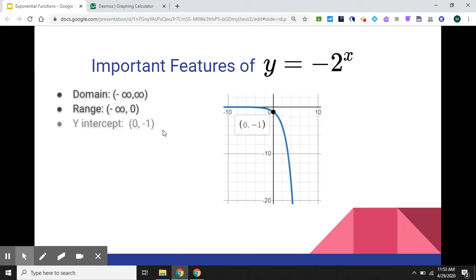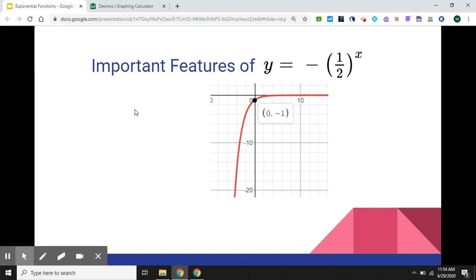So our range is from negative infinity to 0. Our y-intercept now crosses at (0, -1), and the asymptote is still y equals 0. And if you noticed, our asymptote here matches that y value on our range as well.